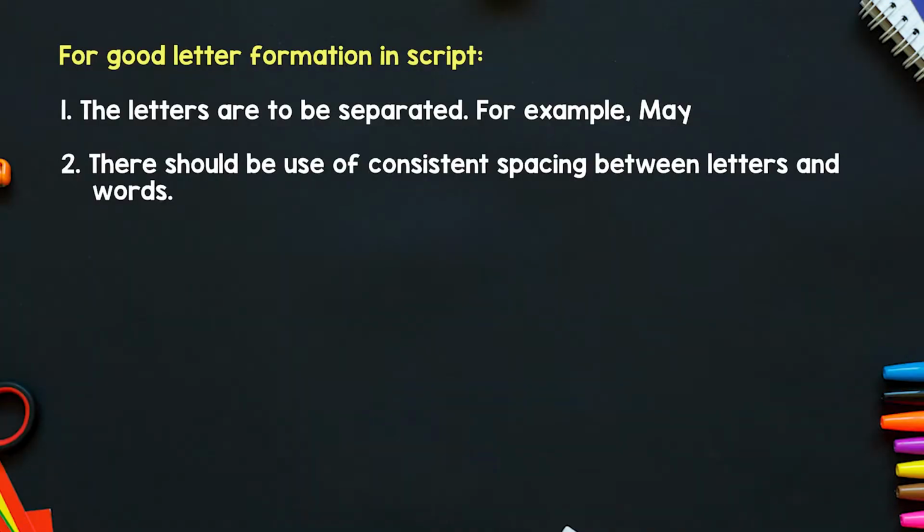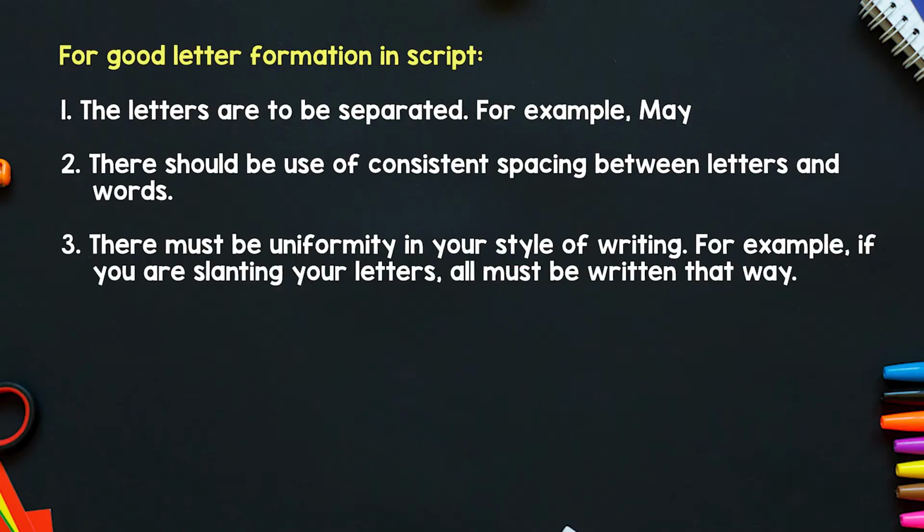A next point is that you must focus on the consistency of the spacing between the letters. So for instance, this word is made up of 3 letters, M-A-Y. Between each letter, you should have the same amount of space as far as possible. You try to keep that consistency.